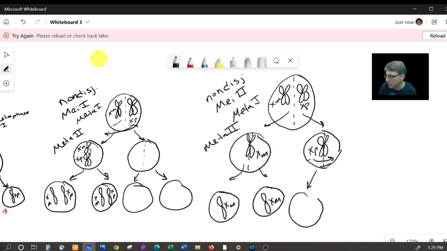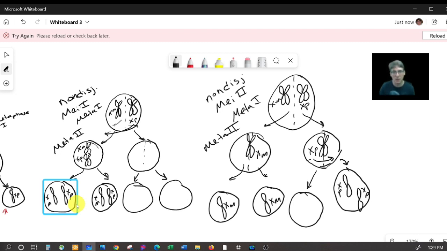And so we would end up with a single daughter cell here that's lacking a chromosome, and this daughter cell that has 2 X chromosomes. But different than non-disjunction in meiosis 1, when we had non-disjunction in meiosis 1, we have an XM and an XP.